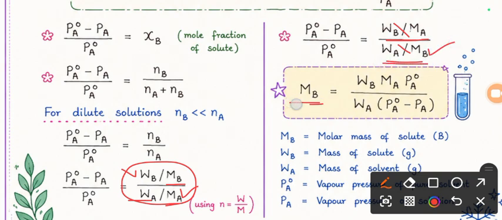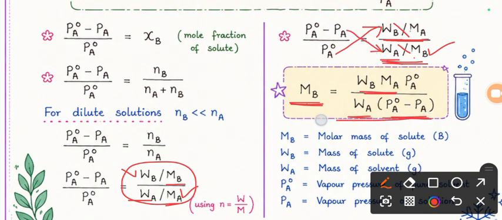Now from this formula we need to calculate the molar mass of solute. Taking MB to one side, along with WB and MA you need to take P naught A, the vapor pressure of pure solvent, and in the denominator along with WA, the mass of solvent, you take P naught A minus Pa.